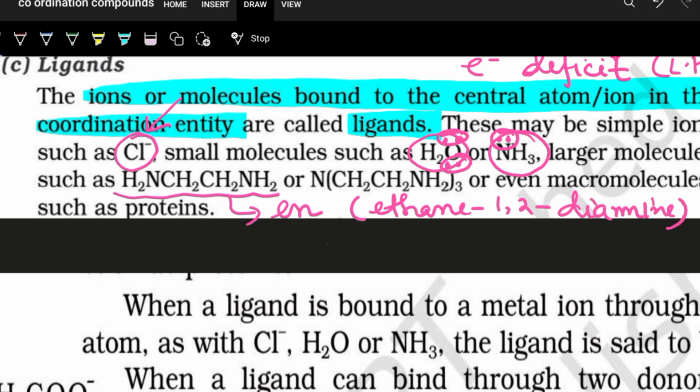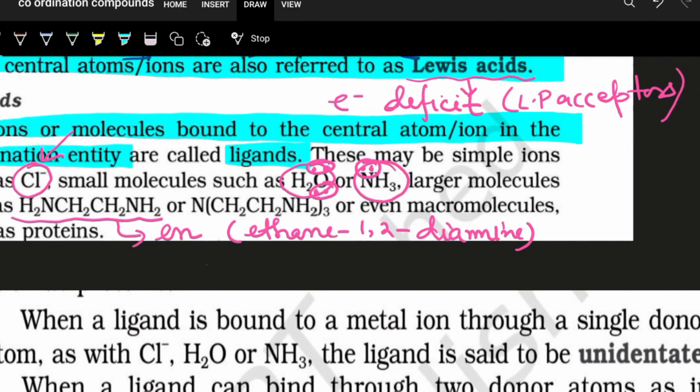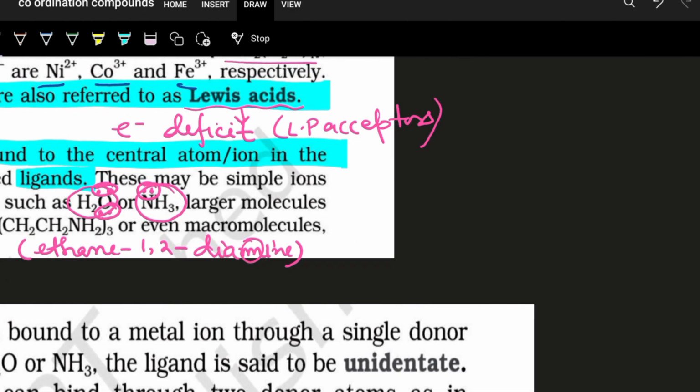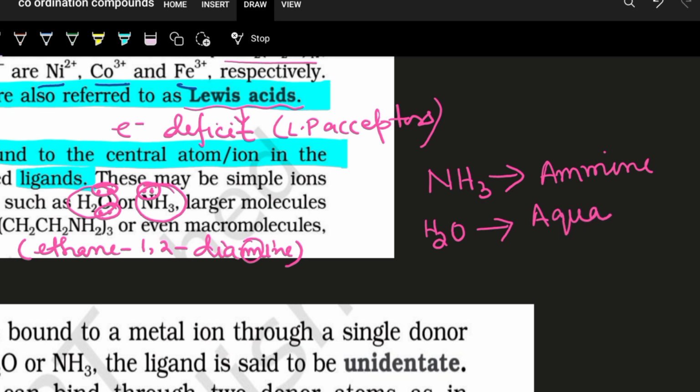Remember one more thing, that in ethane-1,2-diamine, it is a single m. But the moment you are naming NH3 as a ligand, it is ammine, and here it is having a double m. H2O is named as aqua when you are naming it. In nomenclature, again, in the next module, we will be talking about these things.